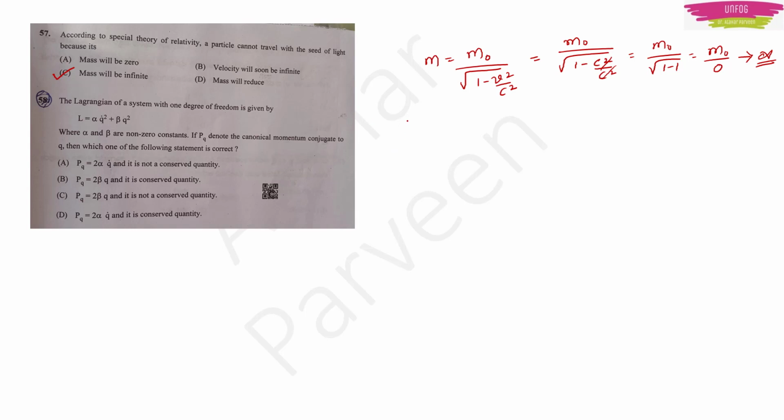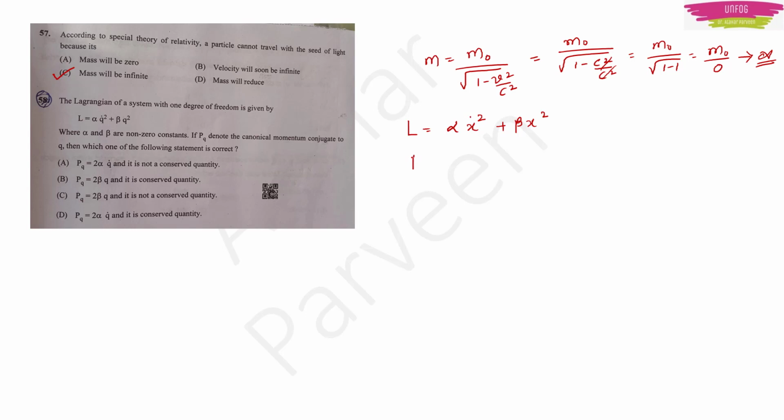So we have this Lagrangian is equal to alpha q dot square plus beta q square. Instead of writing q, I prefer writing x, because x gives the feeling of coordinate. Alpha x dot square plus beta x square.